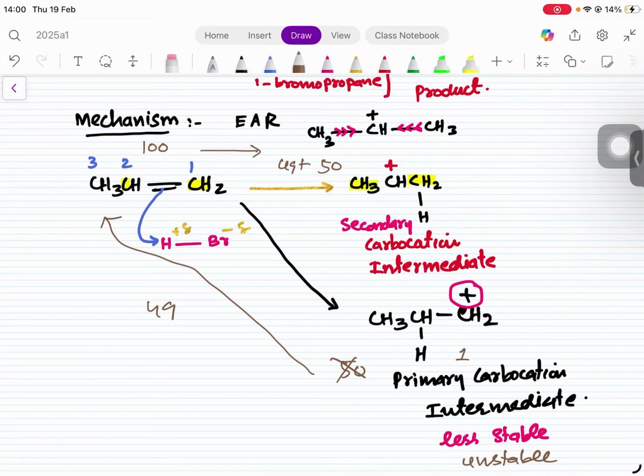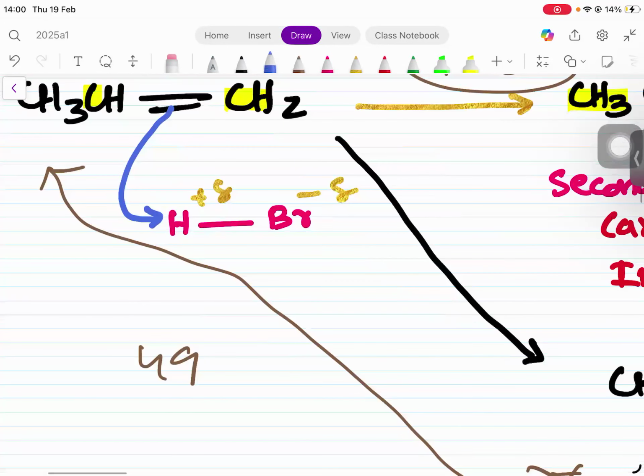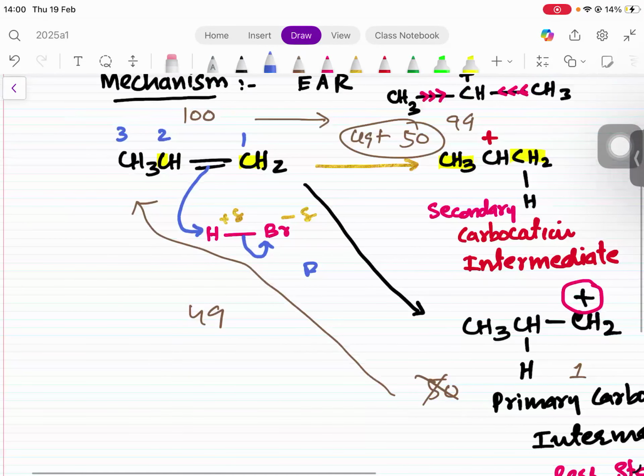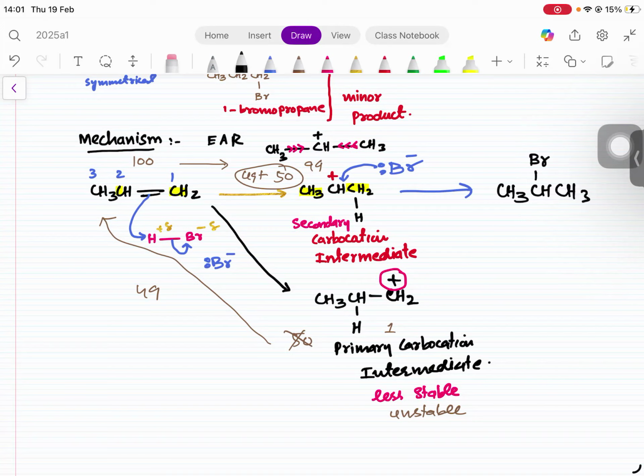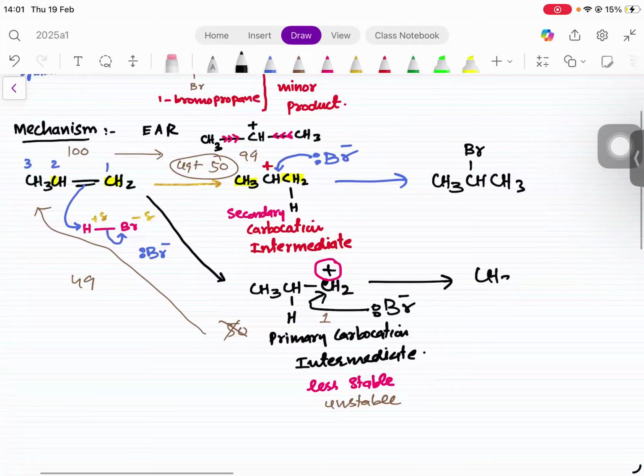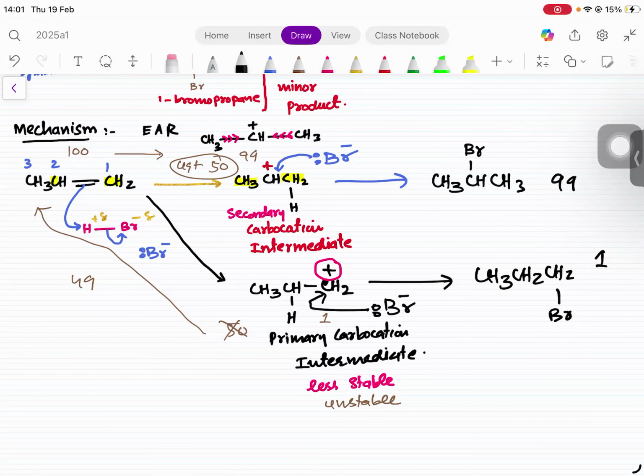So in the second step, when the Br negative comes, it uses its electron pair and makes a bond with this. You don't need to write these numbers; I just made them up to help you understand. So the 2-bromo that forms first will be in the major amount, and perhaps one odd one survived, which can turn into the product, CH3CH2CH2Br. The rest did not survive. So in numbers, 99 of this and 1 of this product formed, which is why you call one major and the other minor.